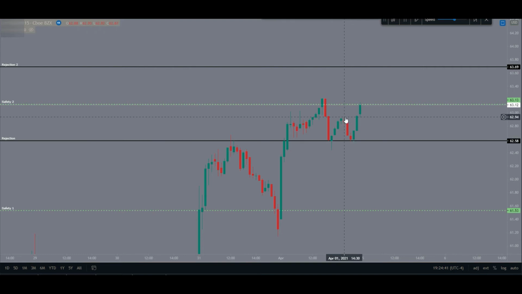They know it's very unlikely we're going to go all the way back down, because they know this is really strong. It's very unlikely the bears can push it down any further, anything really significant.